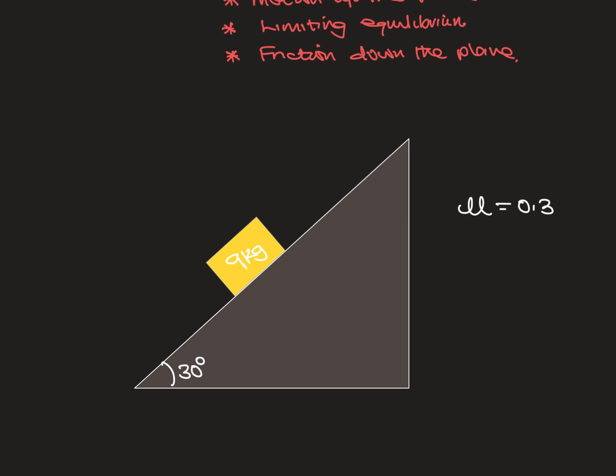So if we indicate the forces that we have, a force that is going to act downwards, which is mg sine theta, and we're going to have the frictional force that is also going to act downwards. So they want us to find the force that is going to move the object up the plane. Remember, the body is in limiting equilibrium.